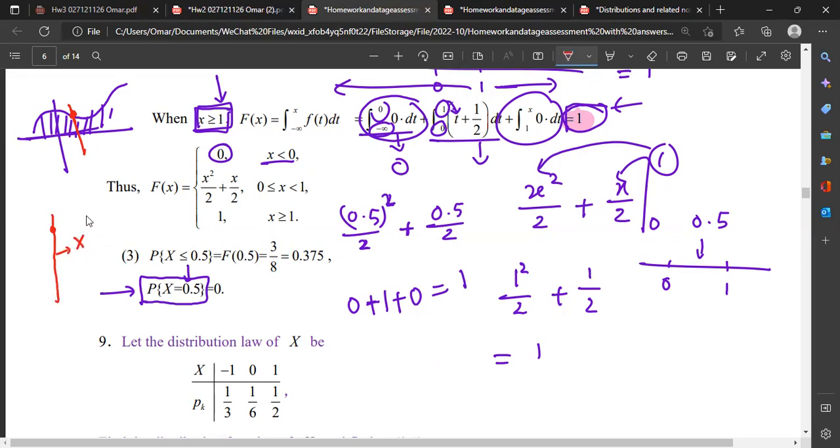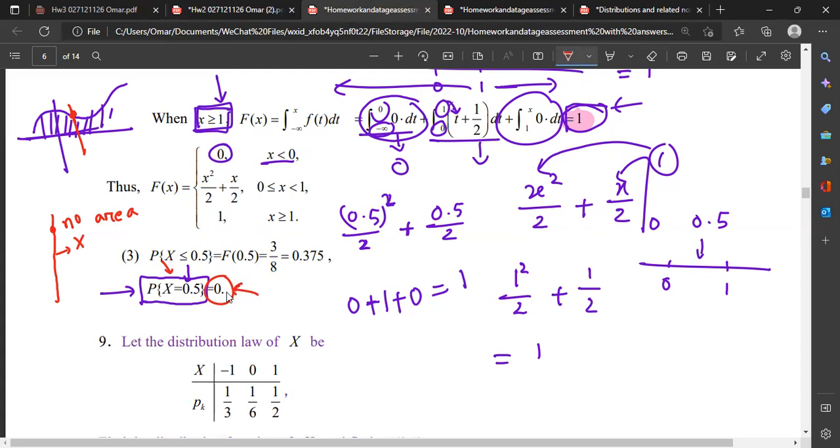That means no area here. So as this is a continuous random variable, and for any point there will be no area, okay? No area for this point. So the result will be 0, because if there is no area, the result is 0, okay?